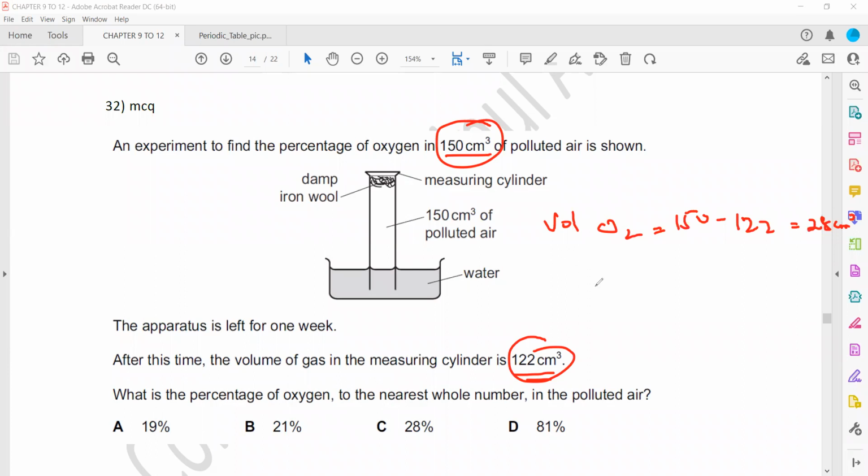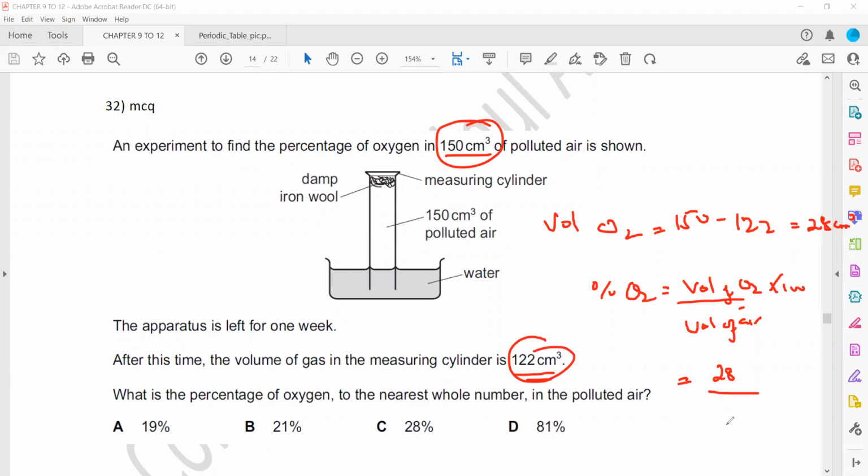If the volume of oxygen is 28 cm3, now what is the percentage of oxygen? The percentage of oxygen equals the volume of oxygen in the air sample divided by the volume of the original air sample, multiplied by 100. The volume of oxygen is 28. How do we identify it as 28? Because after 1 week, 122 is left, so the reacted part is oxygen.